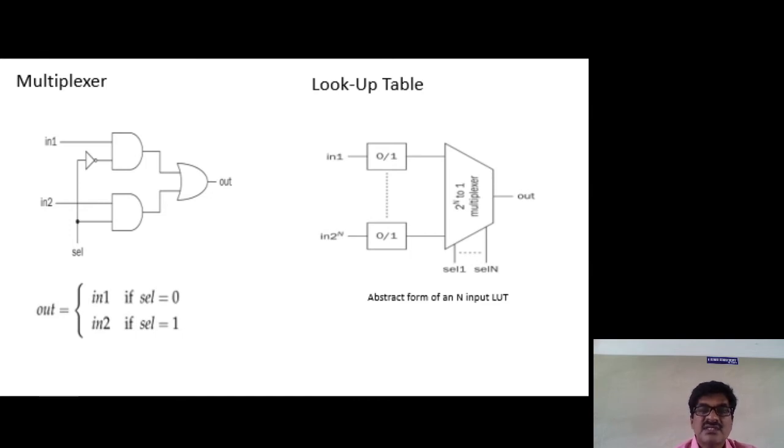Based on the select lines data, one of the 2 power n inputs is connected to the output. Here is one simple multiplexer diagram with the size 2 by 1, having 2 inputs, 1 output, and one select line. This is the logic diagram using basic gates for this 2 by 1 multiplexer. Suppose the select value is 0.